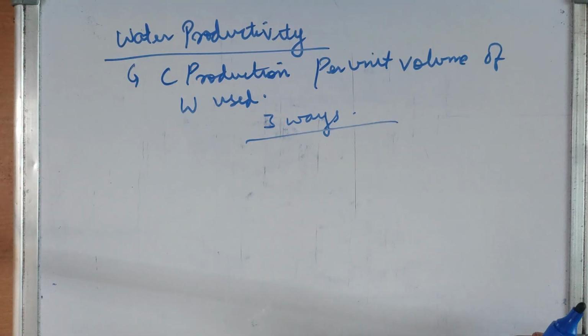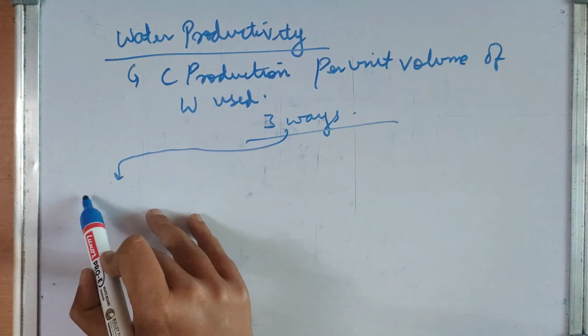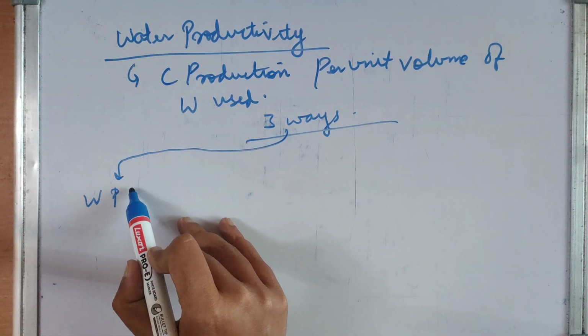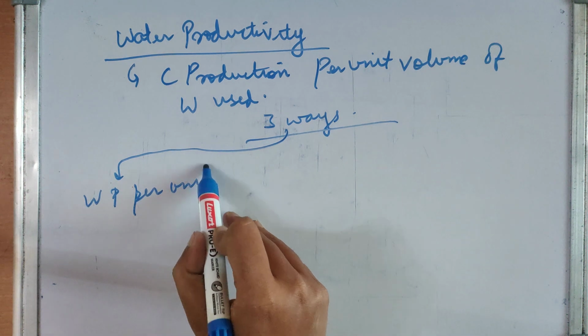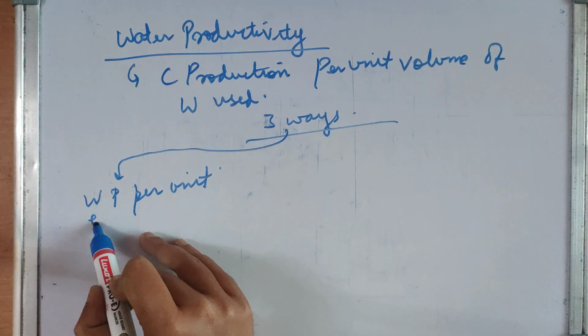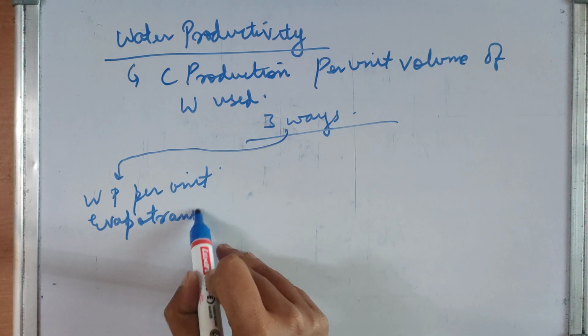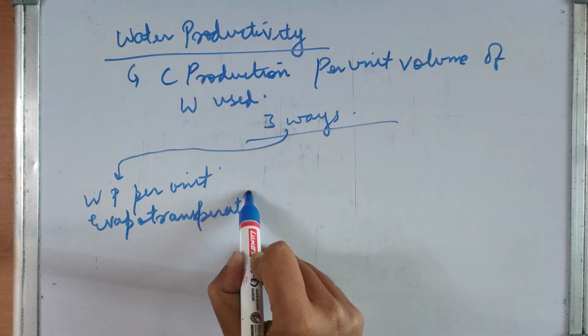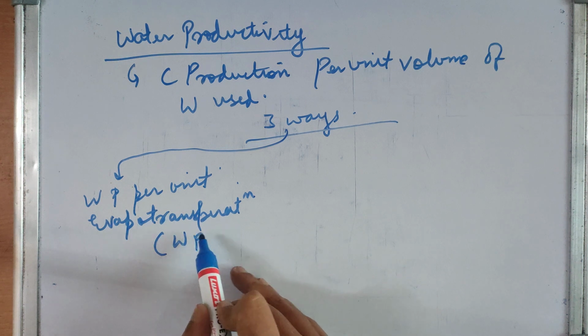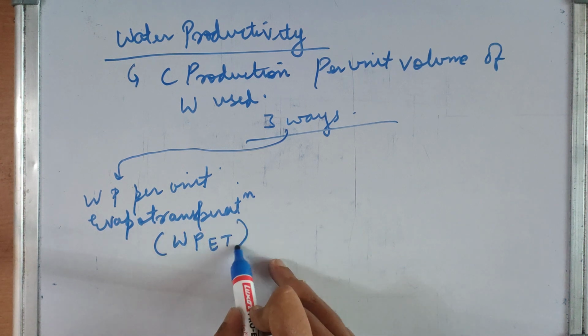It can be expressed in three ways. First, water productivity per unit evapotranspiration. What is this?